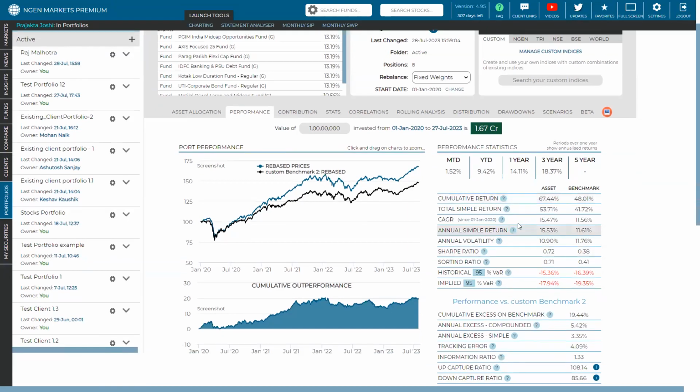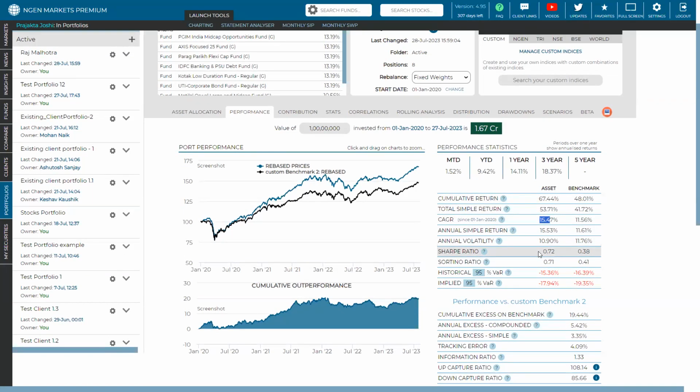If we have a look at the CAGR, the portfolio has a 15% CAGR versus a benchmark CAGR of 11.56%. Next, we can also have a look at the Sharpe ratio. That typically means what was the risk that this particular portfolio undertook to generate these returns.